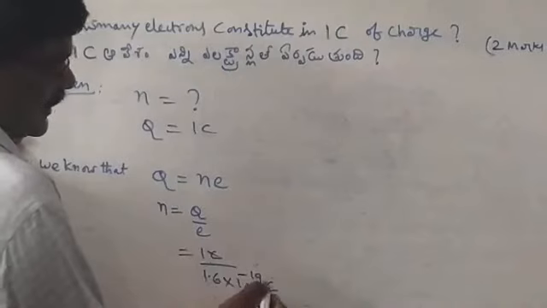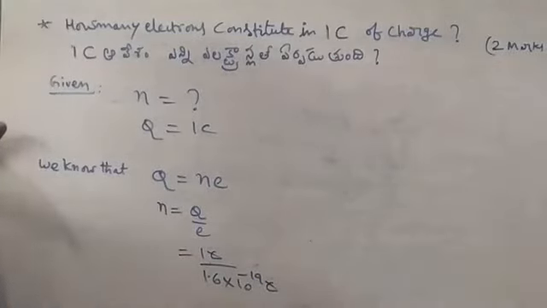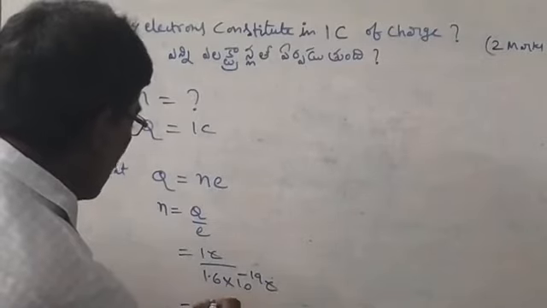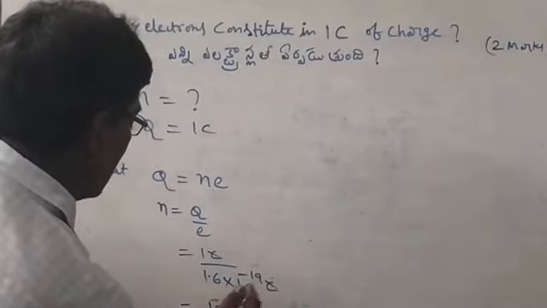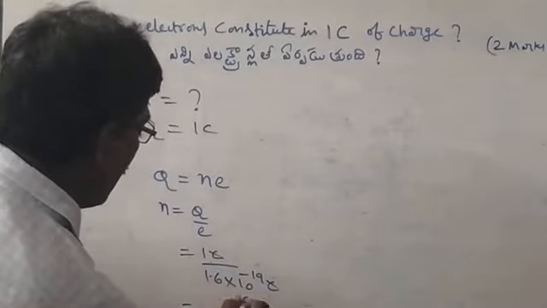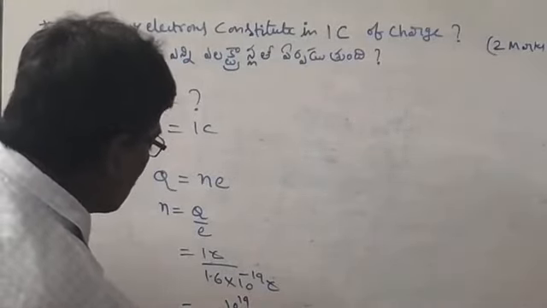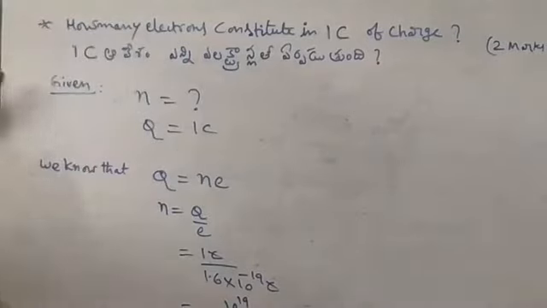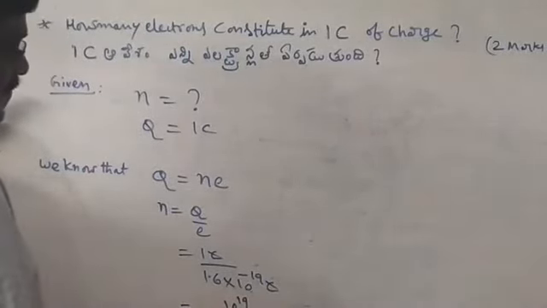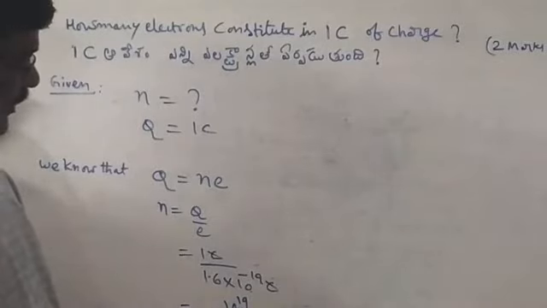Here the coulombs cancel. So n is equal to 1 divided by 1.6 into 10 power minus 19. Moving the power to the numerator, it becomes 10 power 19. So n is equal to 10 power 19 by 1.6.